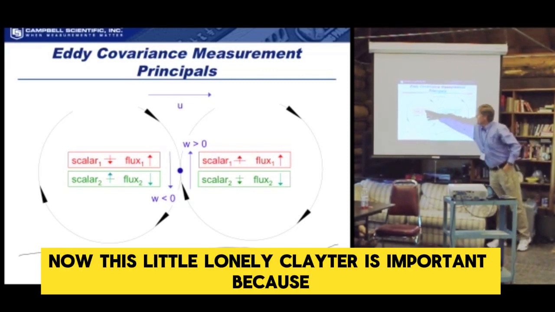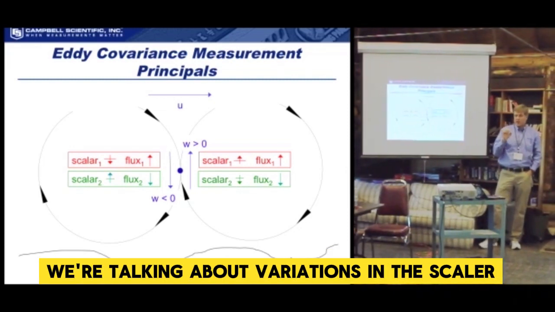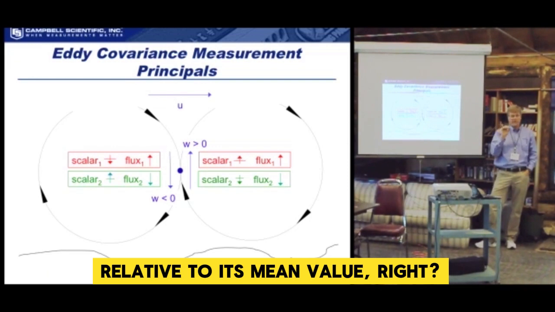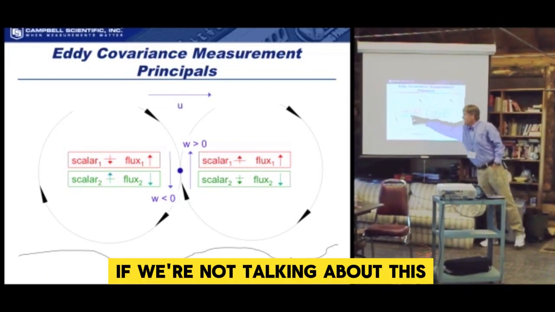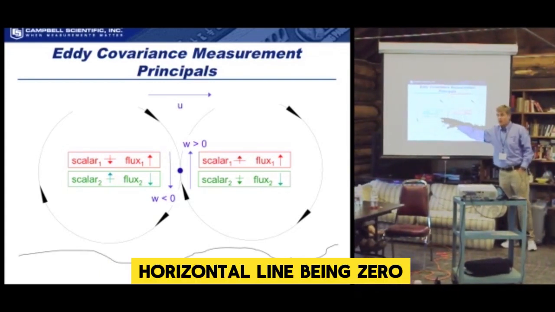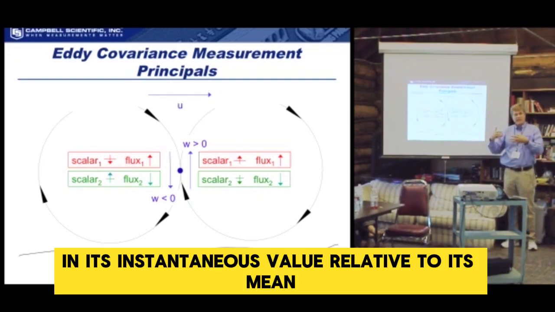Now, this little nomenclature is important because we're talking about variations in the scalar relative to its mean value. Right? If we're not talking about this horizontal line being 0, we're saying that CO2, for example, had an increase in its instantaneous value relative to its mean.